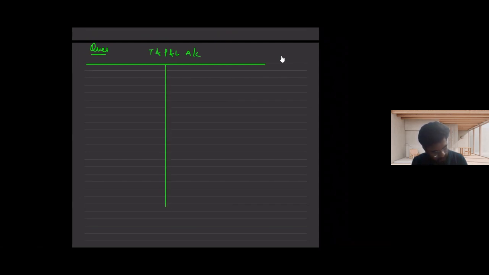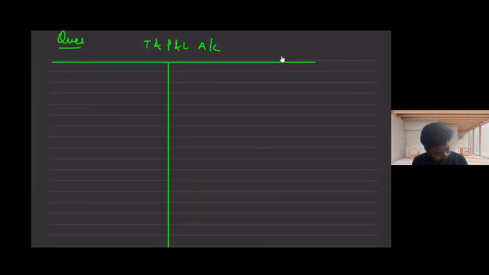So we have opening stock, we have purchases, we have sales return, we have gross profit, we have sales, we have purchase return, we have closing stock.